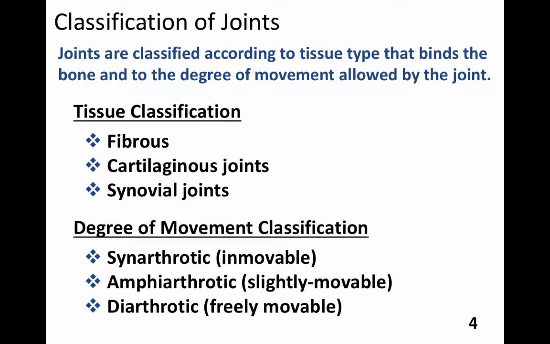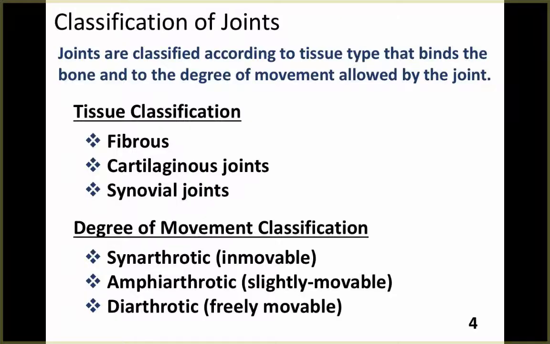Okay, so that kind of gives you a review of what we're going to talk about today, and some of what we've talked about already or are about to in the lab. So joints can be classified according to the tissue types that bind the bone and the degree of movement allowed by joints. We talked about this in class a little bit, where you have the classification based on structure. So this is structure, right? And so it's fibrous, cartilaginous, or synovial.